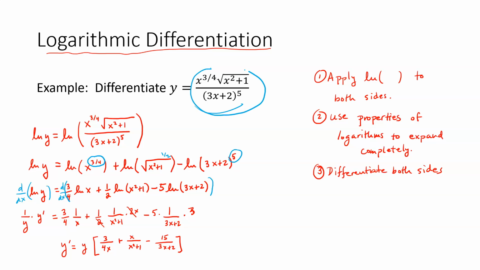So putting this original y in for y here. So that leaves me with the final answer, which looks like this. So we've got the original x to the 3/4 square root of x squared plus 1 over 3x plus 2 to the 5 times all this stuff.